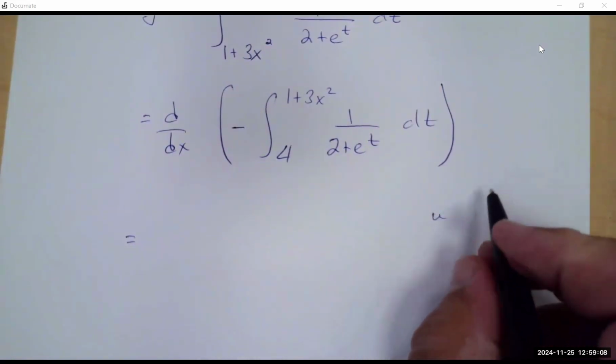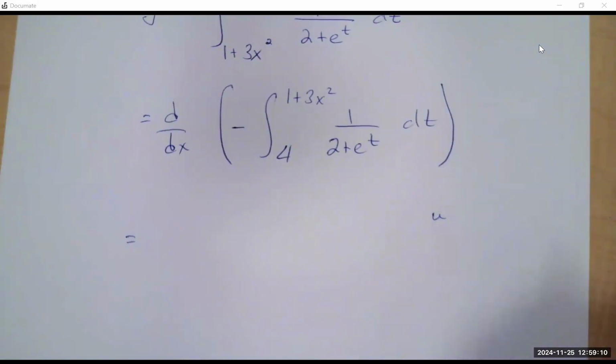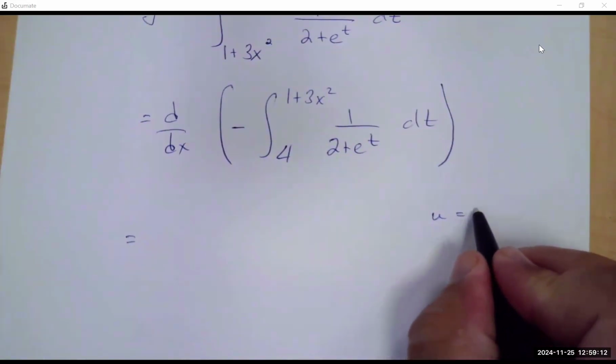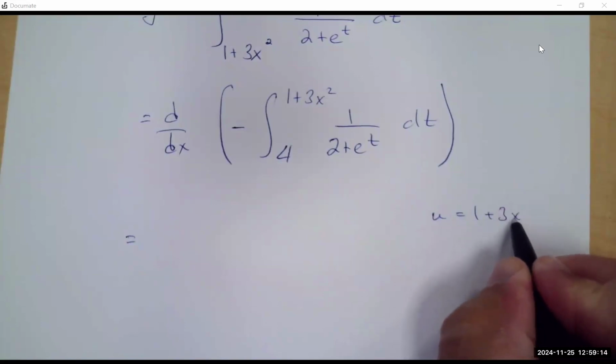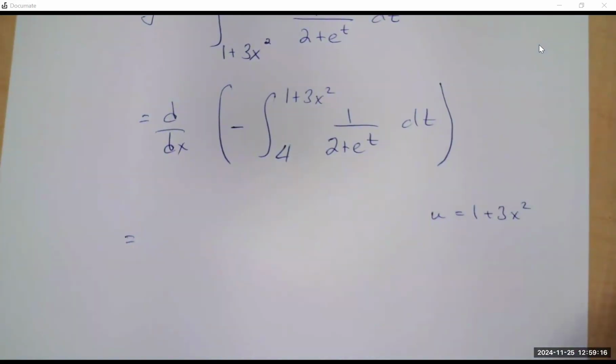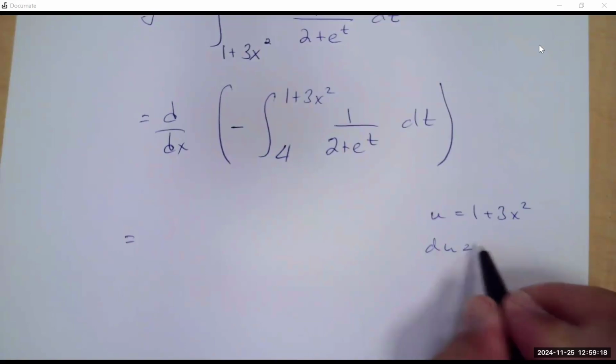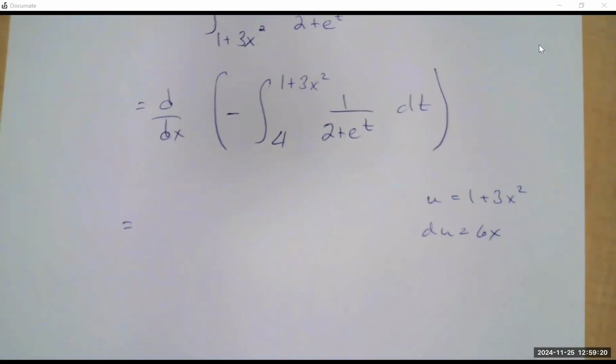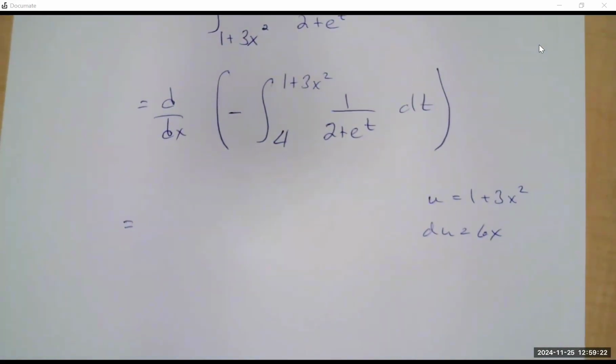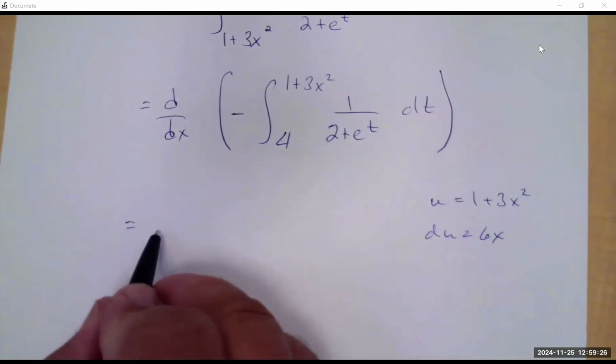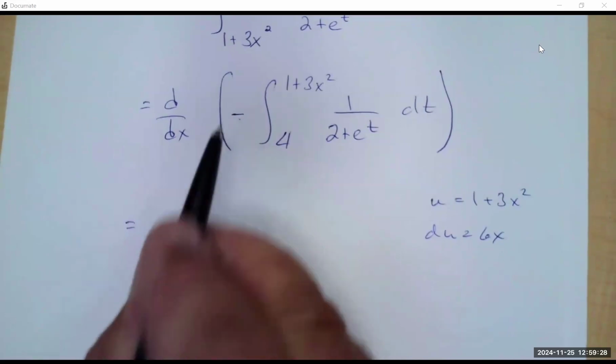Then what? We could do the u du again. If we say u equals 1 plus 3x squared, then du is 6x. So we got the negative.